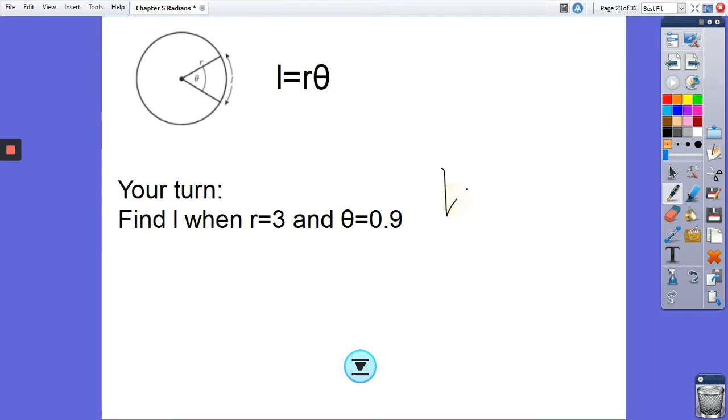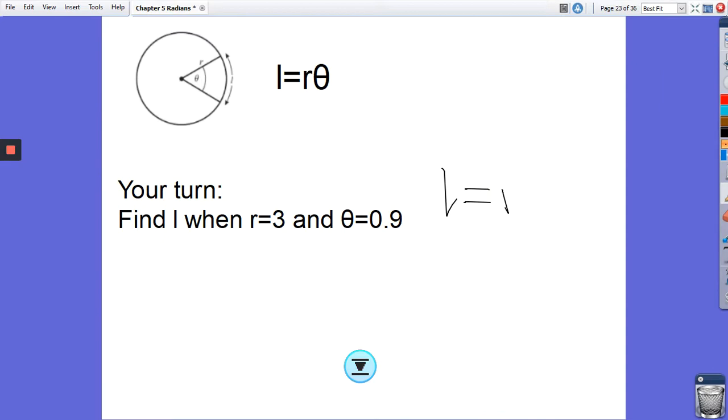So L equals r theta, r equals 3, theta equals 0.9, so L equals 2.7 centimeters, kilometers, light years, millimeters, nanometers, whatever the units they've given you.